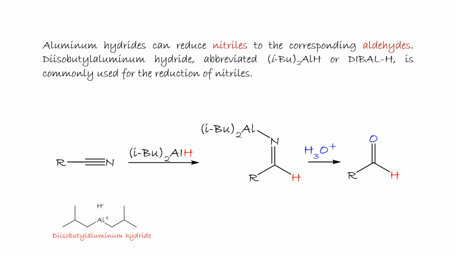So, reacting the nitrile with aluminum hydride can reduce nitrile to the corresponding aldehyde. Diisobutyl aluminium hydride, abbreviated DIBALH or i-Bu2AlH, is commonly used for reduction of nitrile.